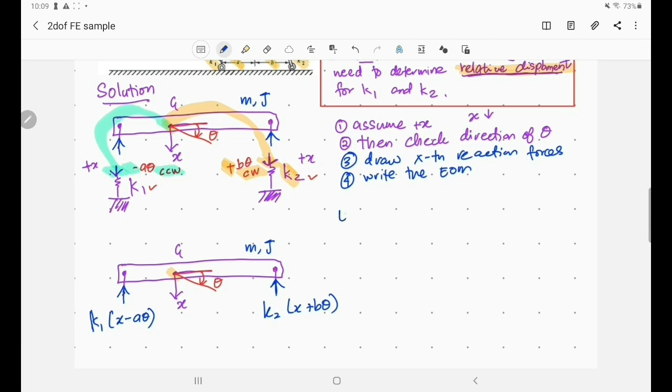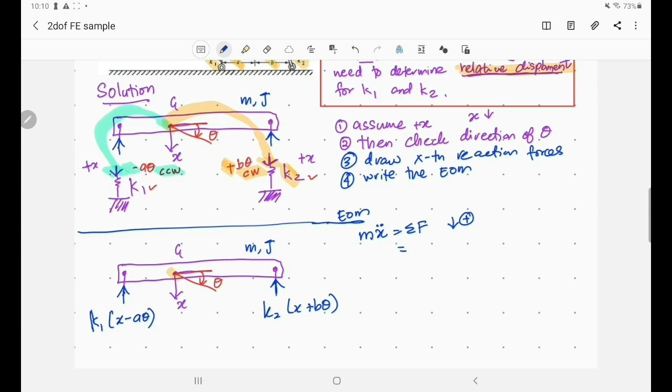When you write your EOM, you are just looking at the top part here. There are two equations because you have M and J. So you have to write m x double dot equals the summation of forces, where we already chose going down is positive using your x direction.